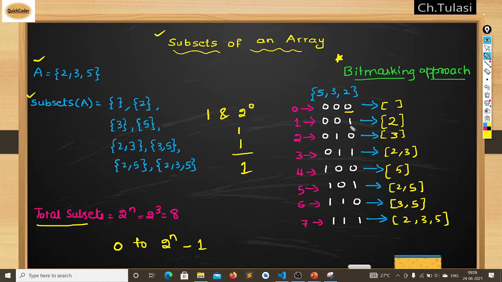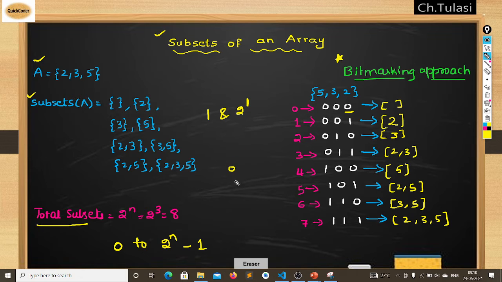Okay, there is some 1 at this position, so I will include the array of 0 element. Now I will do the AND operation with 2 power 1, which is binary 1, 0, 0. If we do the AND operation we get 0, nothing. There is nothing here, so this first element will not be included.